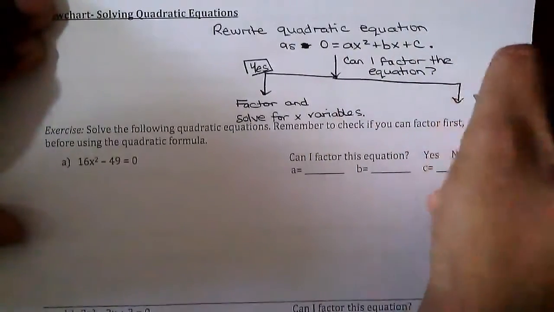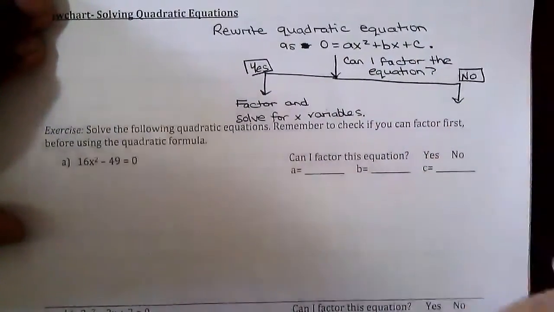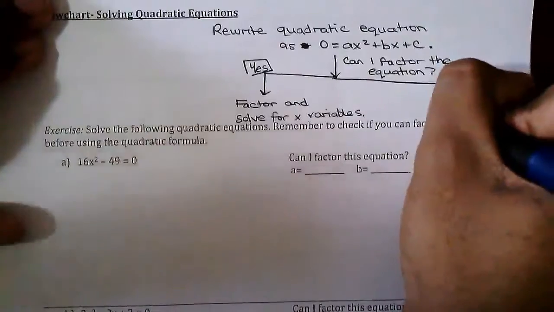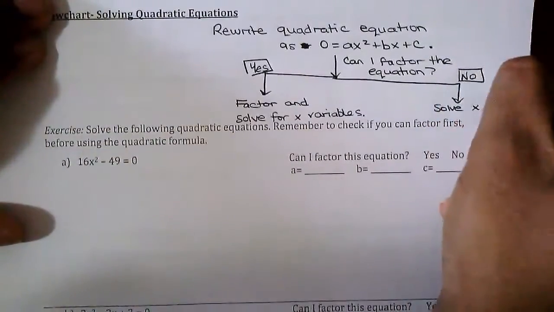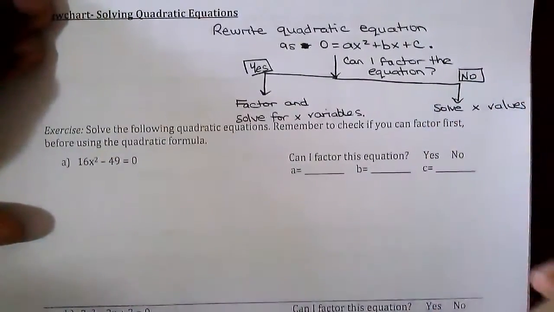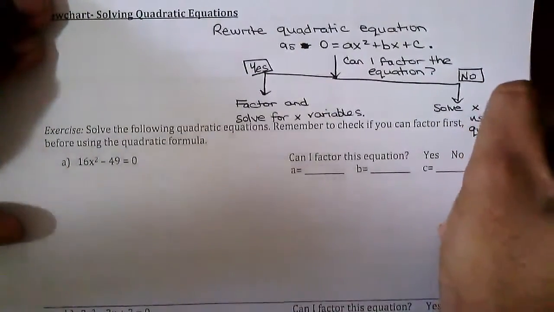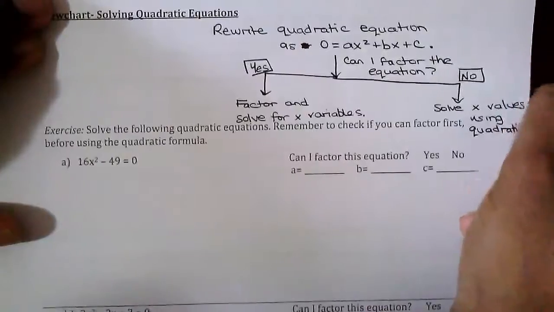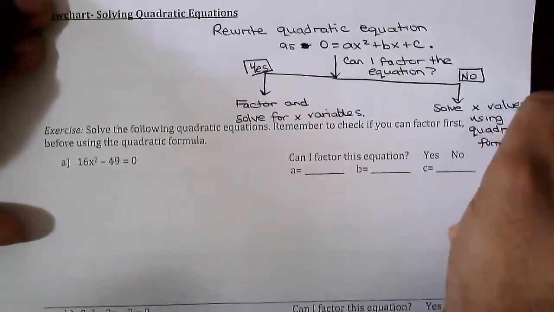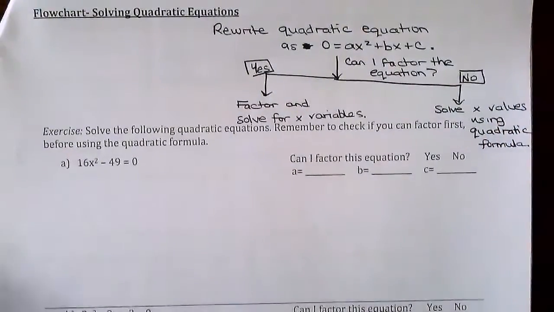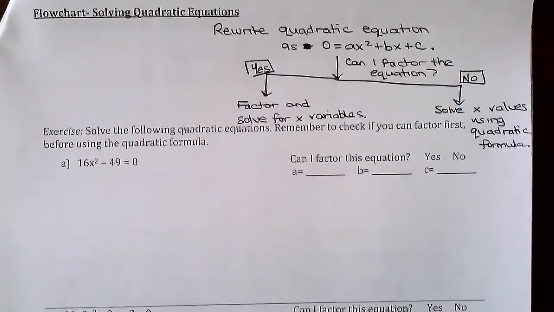If your answer to that question is no, then you want to solve x values using the quadratic formula. So whenever you have a solving question, again, you always try to factor and then solve. If factoring is impossible, that's the only time you go to the quadratic formula.